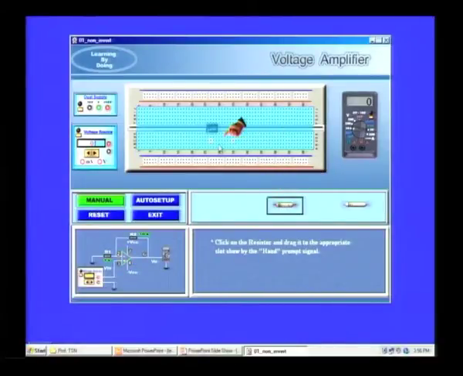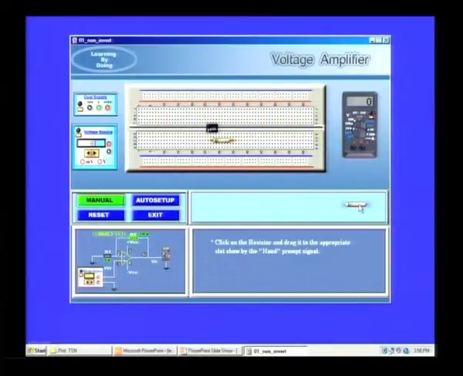So, you put it in the corresponding gap. For example, I take it and put it where the hand shows, and now the other resistor is also taken and connected. So, we can connect the rest of the wiring. It will show you where the connection is done.